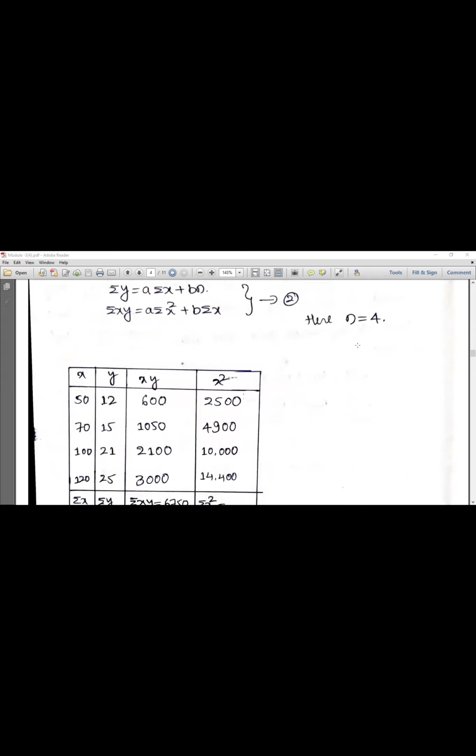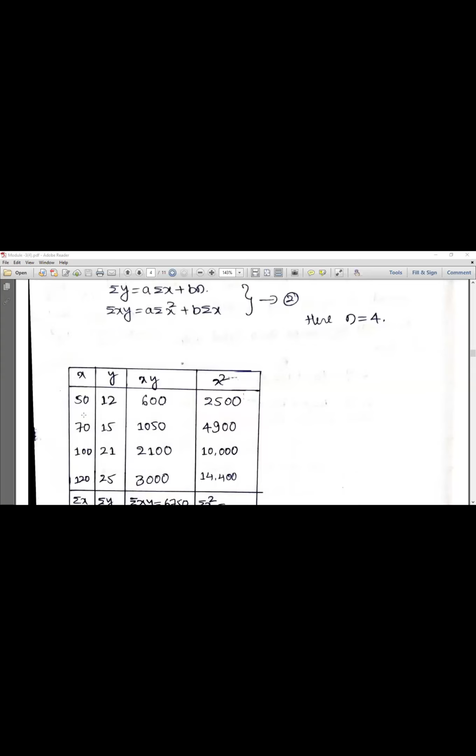Okay, so next, we will construct a table based on it. See here, what all the things are required? Summation of y is required. How will we get summation of y? They have given you x and y, the table of x and y.